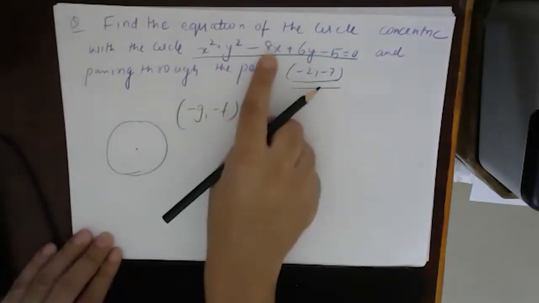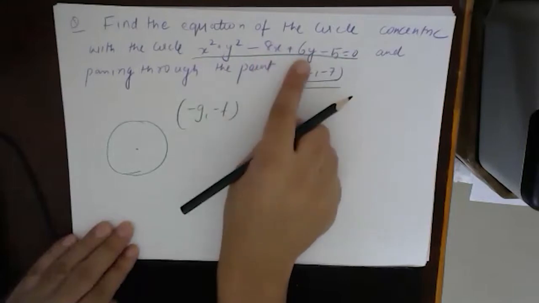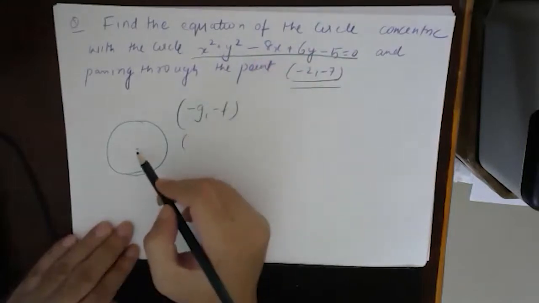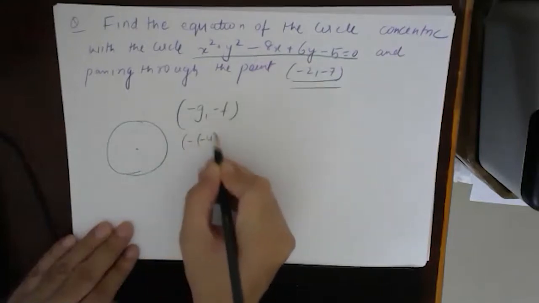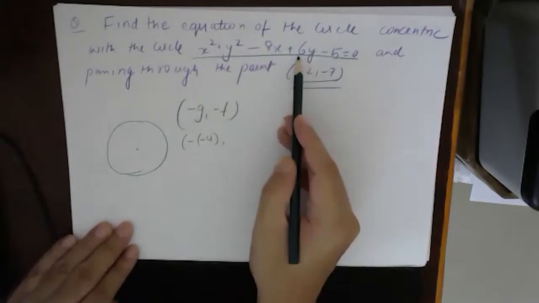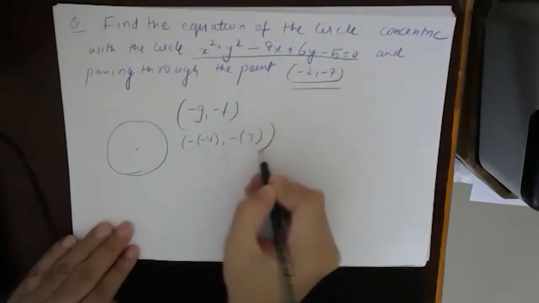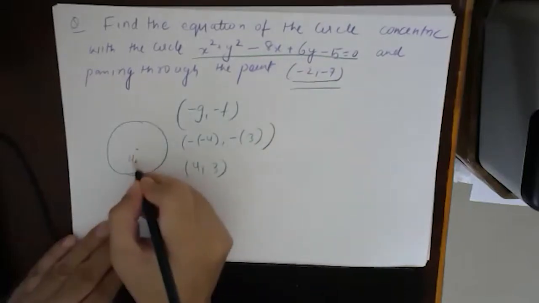What is the value of g here? g is minus 4 and f is plus 3. So the center will be minus of minus 4, and minus of 3, that is 4 comma minus 3. So I'll write 4 comma minus 3.